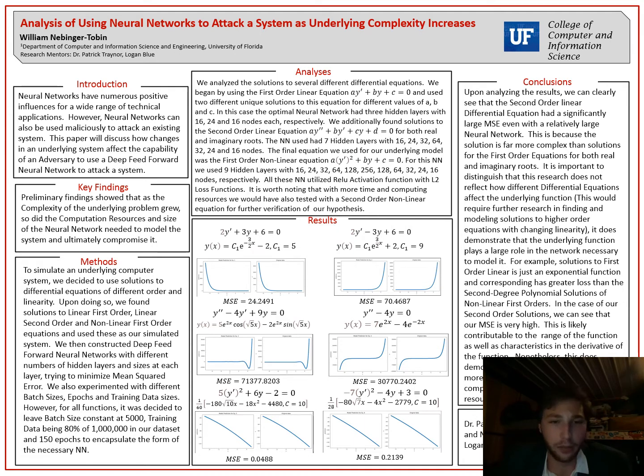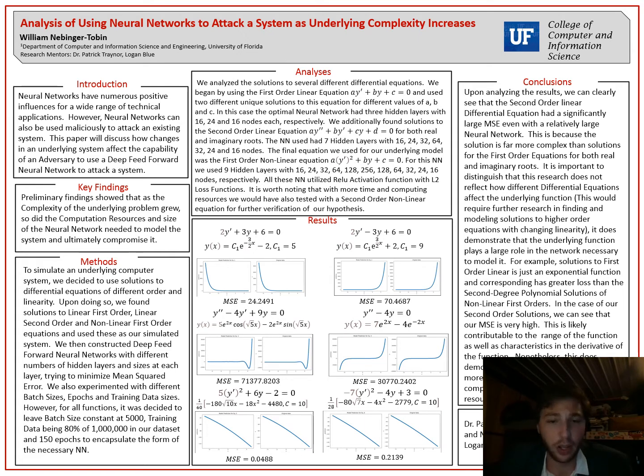We were able to get a very low mean squared error of 25 and 70, which is a semi-large number, but for the range of that function in that domain, that's actually not a terrible number at all for our model.